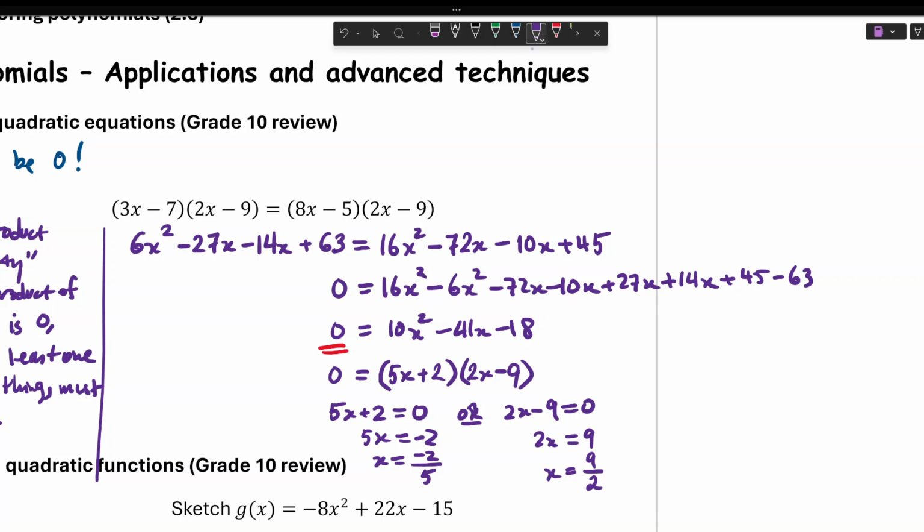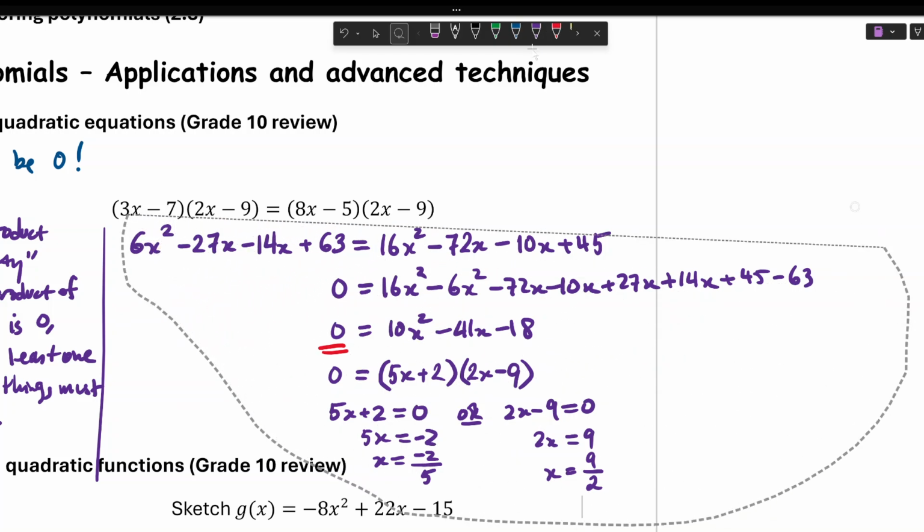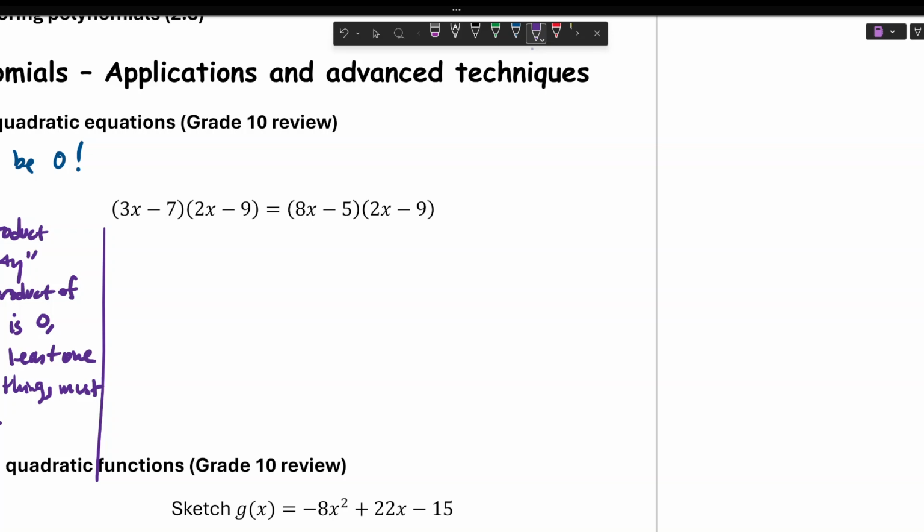Now I'm going to erase this and show you a different method that takes advantage of this common factor that we have, 2x minus 9. So first, let's again put everything on one side. So I'm going to subtract the left side expression from both sides.